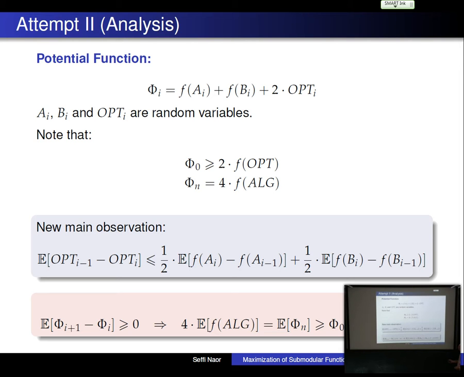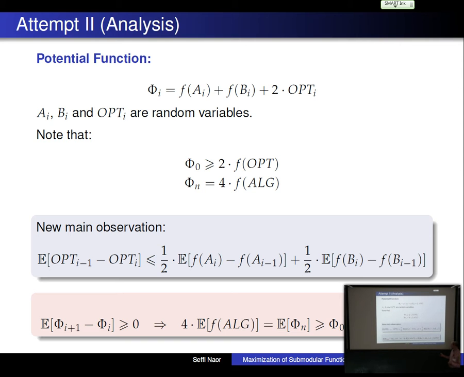So if we believe this lemma, then it yields that the expected difference in the potential function is non-negative, which means that 4 times the expectation of f of alg, which is the expected phi n, is bigger than phi 0, which is bigger than twice f of opt.